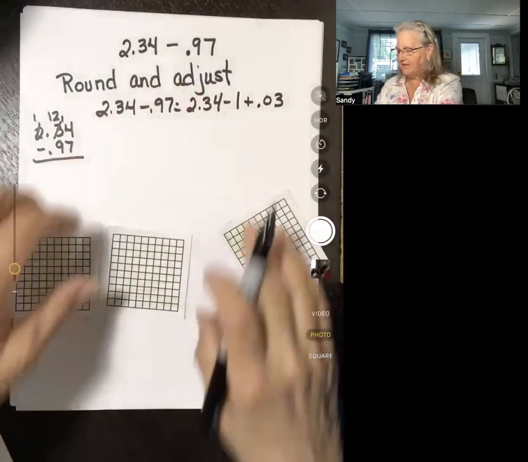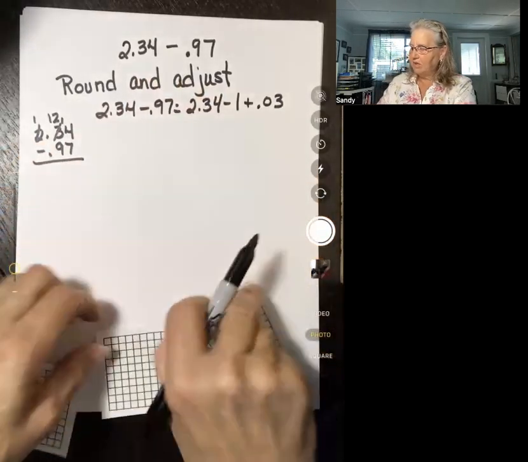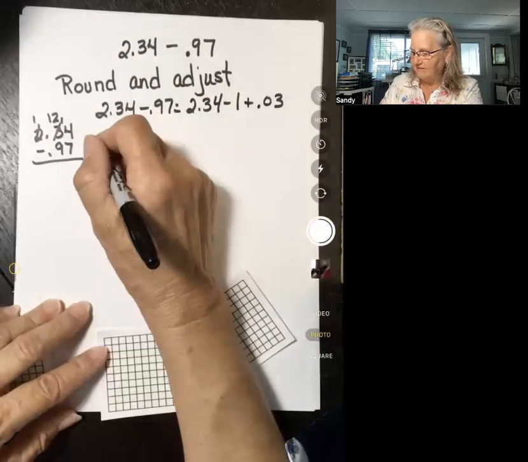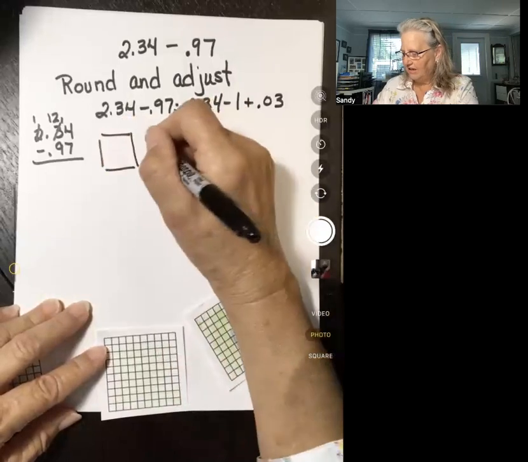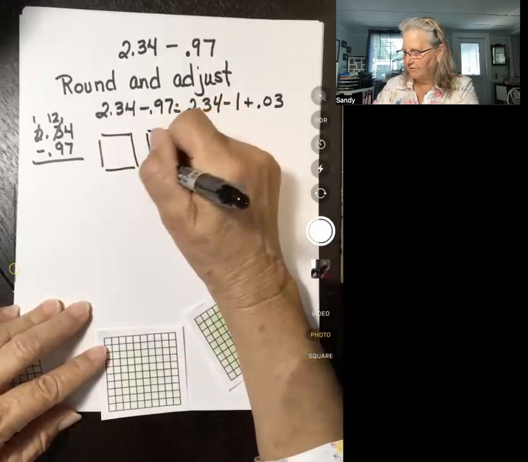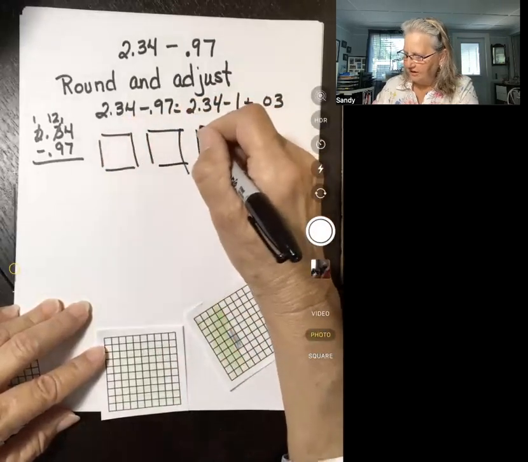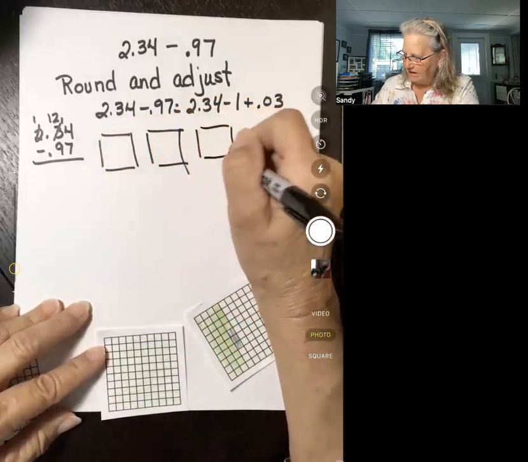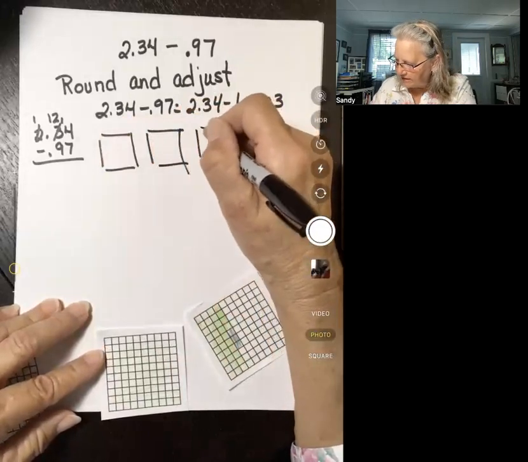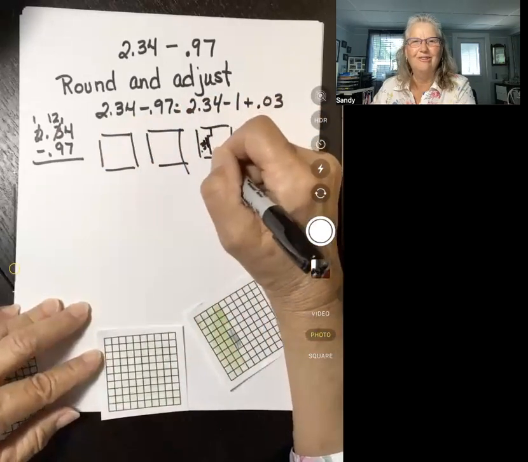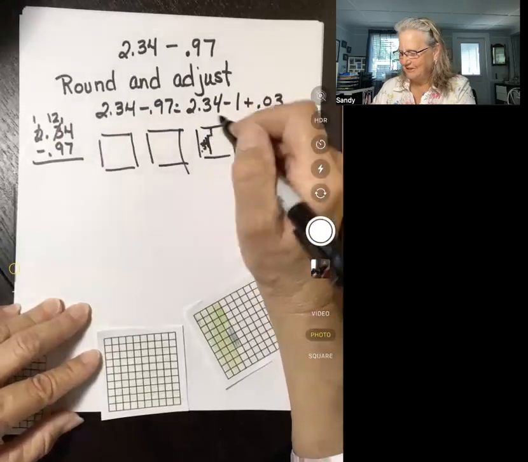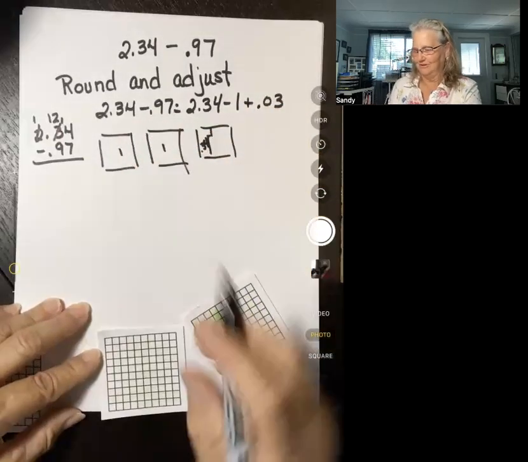So if you think about this, if I draw my related picture, I have 3 wholes, sorry, and in here, I really had something that looked like this. This was 34/100, right? I had a whole and I had a whole.